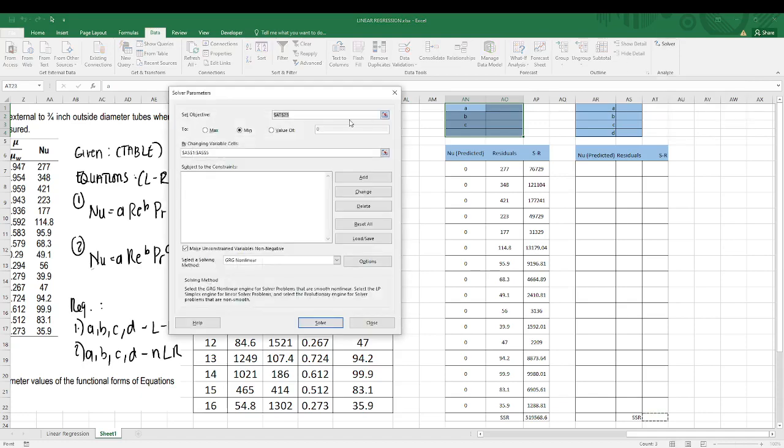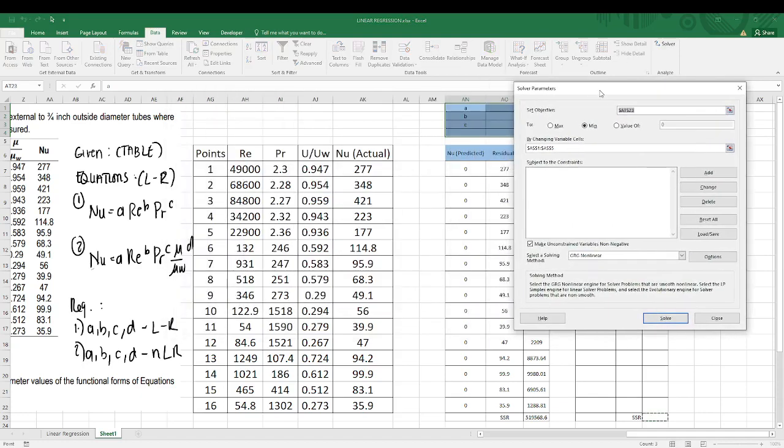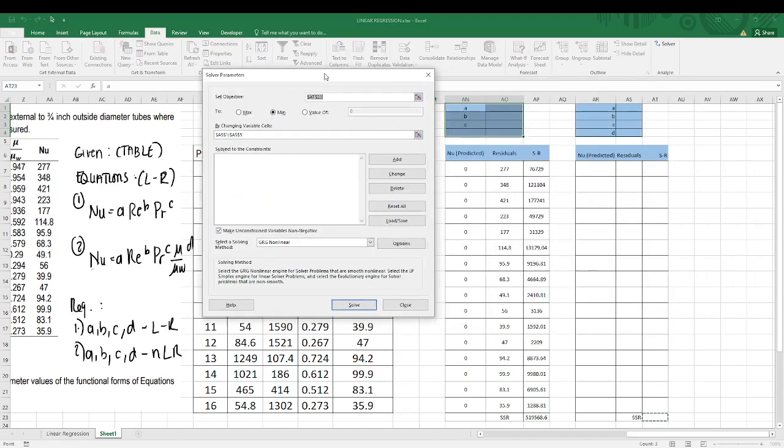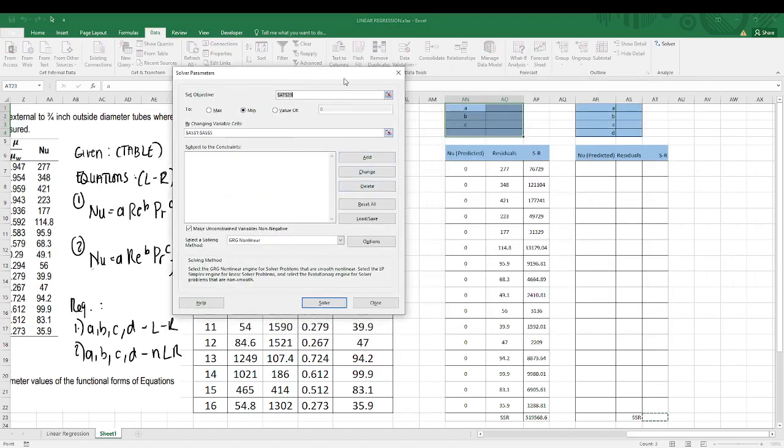Click that one and set the objective. What we are trying to aim for is that the sum of the square of the residual should be at the minimum. The residuals are errors and should be taken to a minimum.